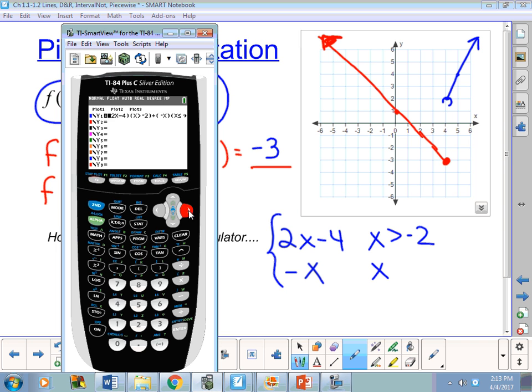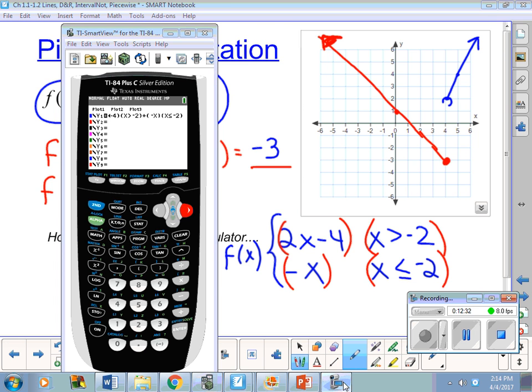And then I had, if I can arrow over, x less than or equal to negative 2. All right, and you can see on the calculator, or if you have a smartphone, you might not be able to see it, everything's in parentheses. So on the calculator, I would need parentheses around this, around this, around this, parentheses everywhere.